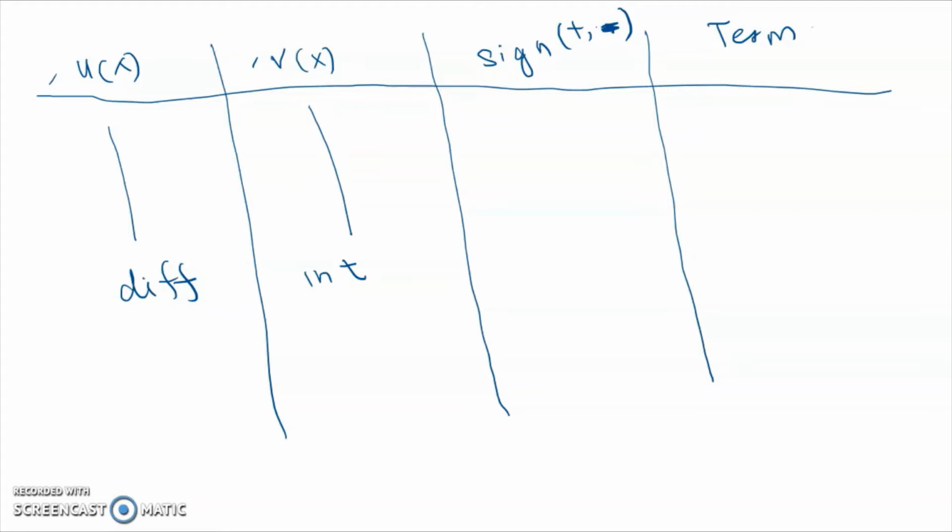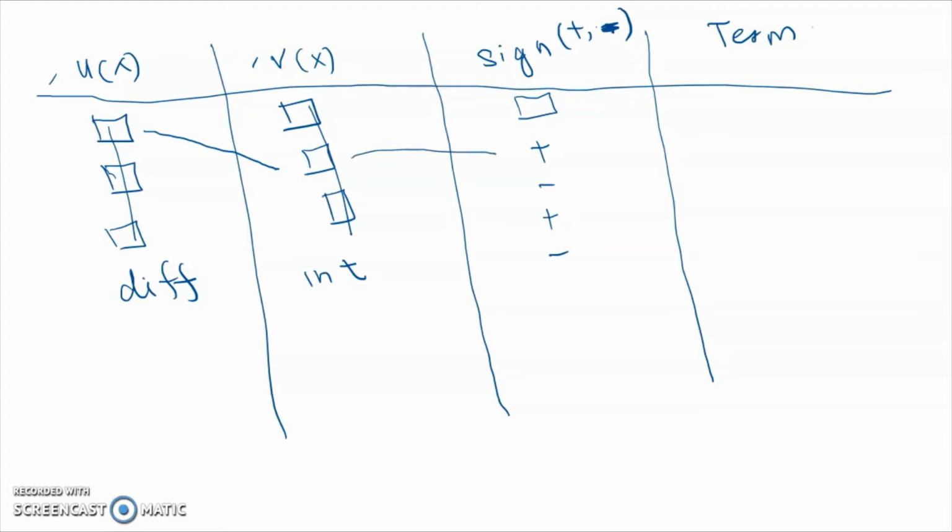Then for the sign, the first one we leave blank. After that it is plus, minus; we just alternate the sign. And the terms mean the first term, second term, third term, fourth term. Let's say this is the first term in the column of u, and I take it times the second term in the column of v, with the positive sign.